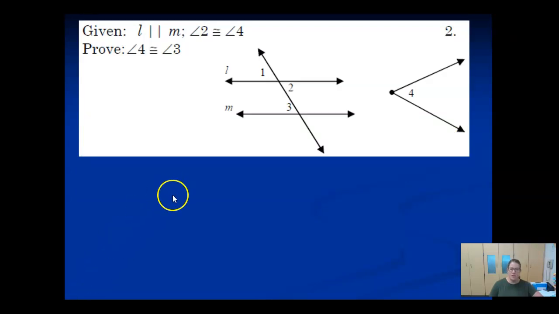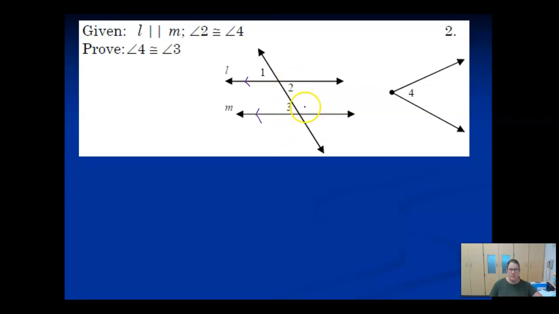So here's our first example that we're going to go through. The given information here is that the line L is parallel to the line M. So if I'm looking at my little diagram here, this line here is parallel to this one. These are parallel lines, which tells me a lot about some of these angles and their relationships, right? It tells me alternate interiors are congruent.